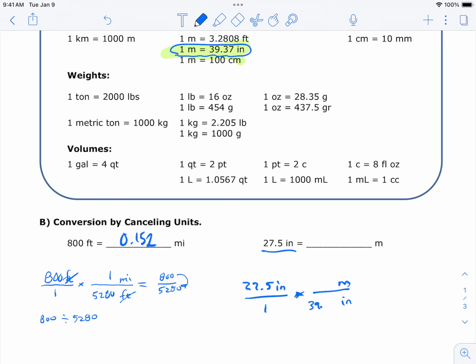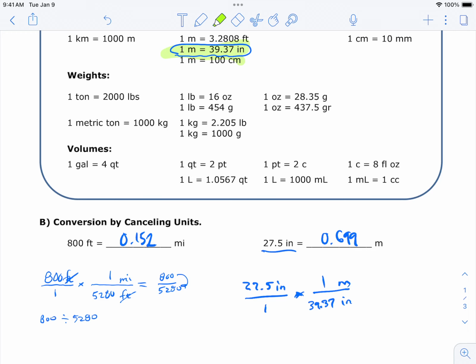So once more, the 39.37 is going here. That equals 1 meter. So it's 27.5 times 1, which is 27.5, and basically divided by 39.37. So when you do that, you will get just about 0.699 meters.